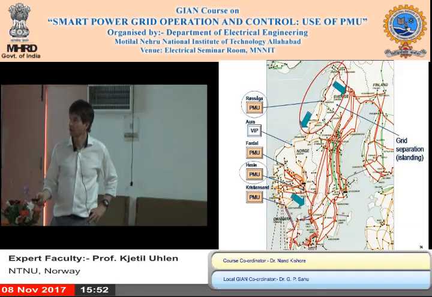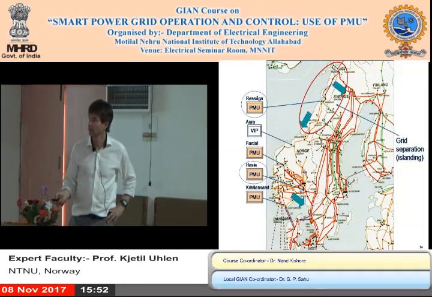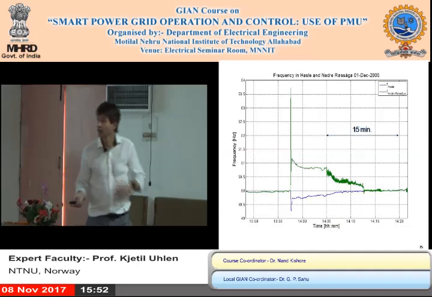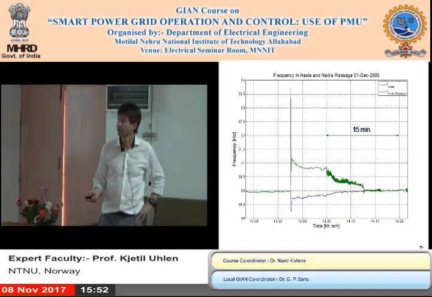This is a picture of, let's say, half an hour, 50 minutes, as it's written there, of frequency measurements. So you see in the south or east, the frequency went down and came back, luckily. But in the north, the surplus area, the frequency went high.